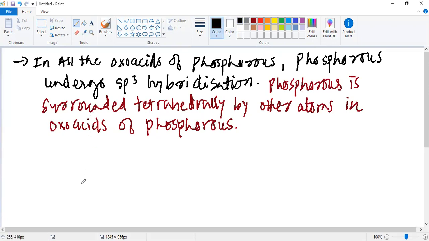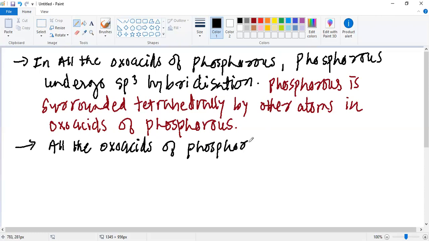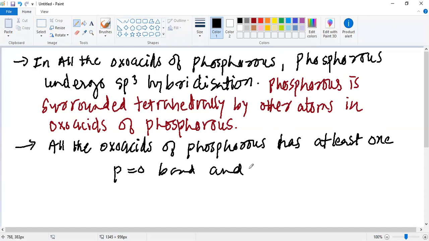Then, my dear students, the next point that we need to study is that all the oxoacids of phosphorus have at least one P=O bond and P-OH bond.